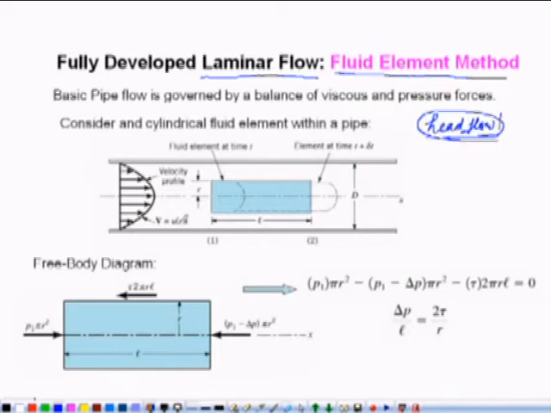Right. Now we can also find out the variation of the velocity at this section. How does it vary? What is the nature of this velocity profile? We can develop the relationship. We can find out what is U maximum, what is U average.